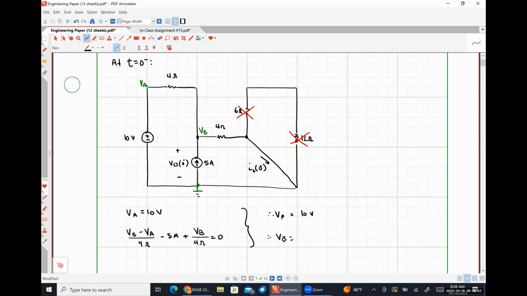My second equation is negative 1/4 VA, 1/4 plus 1/4 would look like 1/2 VB. My constant term will be 5 amps. Solving, I get VB to be 15 volts. So now that I know those two things, how can I solve for VCS and IL?